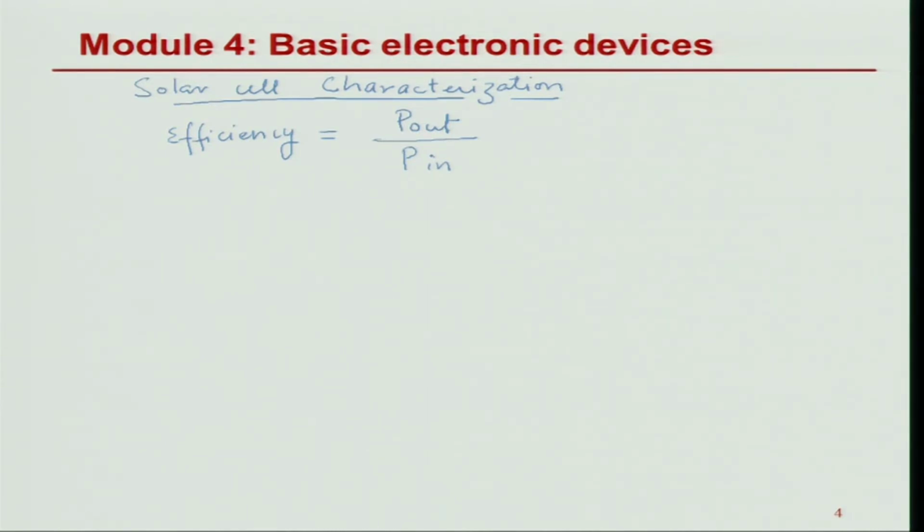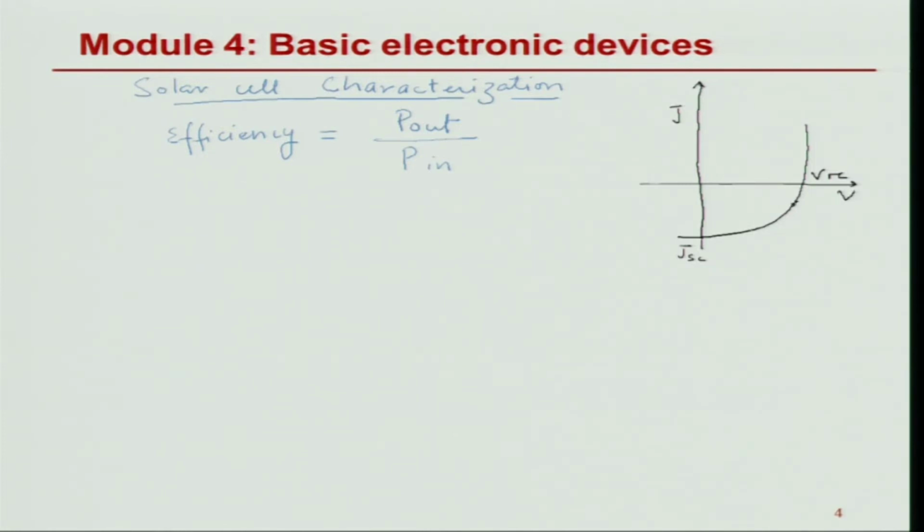That decides the efficiency of the solar cell. Now there are other parameters which will decide this efficiency and which will come from the JV characteristics. So we have seen in a PN junction device or even in other devices, we will have JV characteristics which will be given like this. So what is the power out from this solar cell?